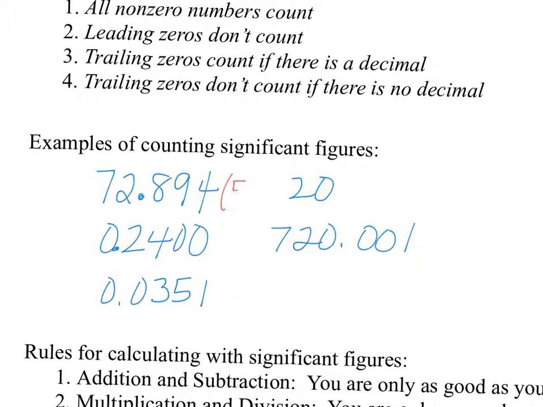So this one has 5 sig figs. Okay. What about the next one? 4. Okay, rule 3. Trailing zeros count if there is a decimal. So we have a decimal here, so that means that those trailing zeros count. Okay?